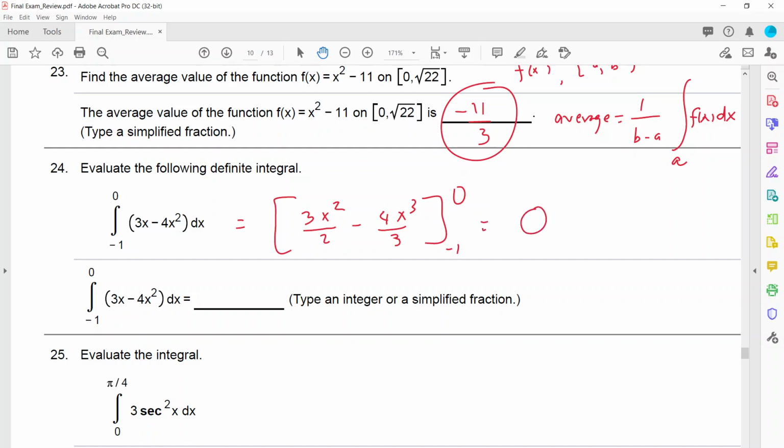That will give you 0 minus, put x equal to negative 1 here, that will be 3 over 2 minus the cube of negative 1 would be minus, so minus minus plus, over 3. If you just add these two numbers and consider the negative sign, eventually you do this calculation and that will give you negative 7 over 6.